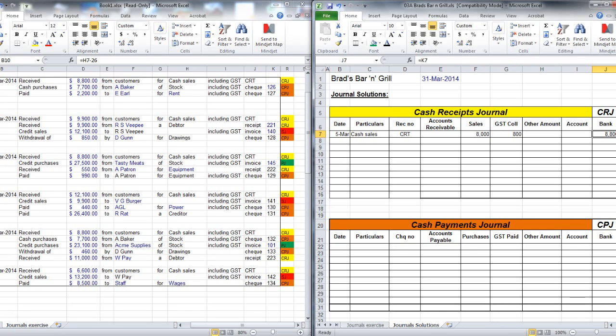I collected the whole 8,800, and then I put that in my bank account. And so there might be other amounts and other accounts, but we'll go through this in the later stage. So that one is done. So I go to the next one. So 10th of March, corresponding date, still a cash sale, still CRT.